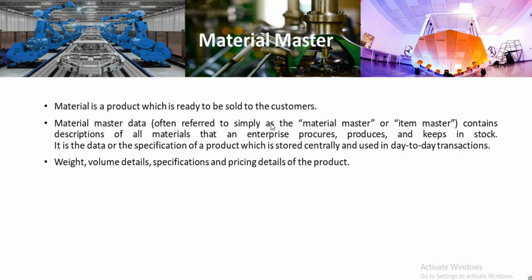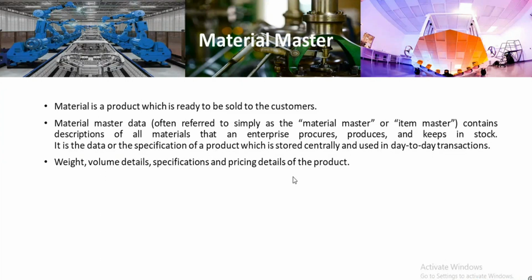What does material master mean? It is the detail or specification of the product which is stored centrally, and we can use it in daily transactions. It consists of volume or detailed specification, basic unit of measure and item category. Like that we maintain it in the material master, and we have a standard price and the moving price also in the material master.